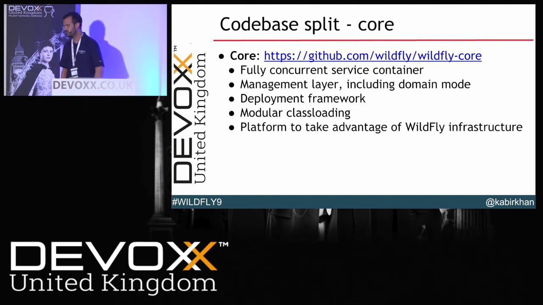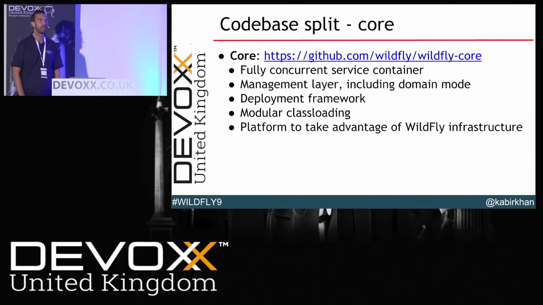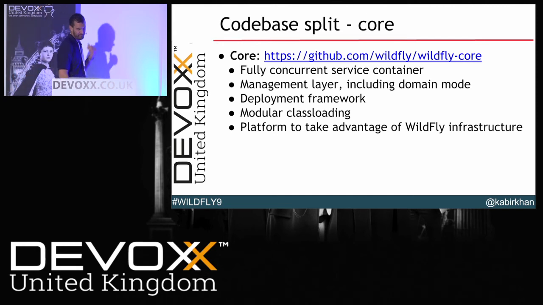So this is important for a few reasons. One is that we have other products at JBoss who want to build on top of WildFly, but they don't need all the EE stuff and clustering and so on. So it's kind of like a stripped down core for them to build on top of. And some users also want to be able to remove a lot of the things in WildFly as well.